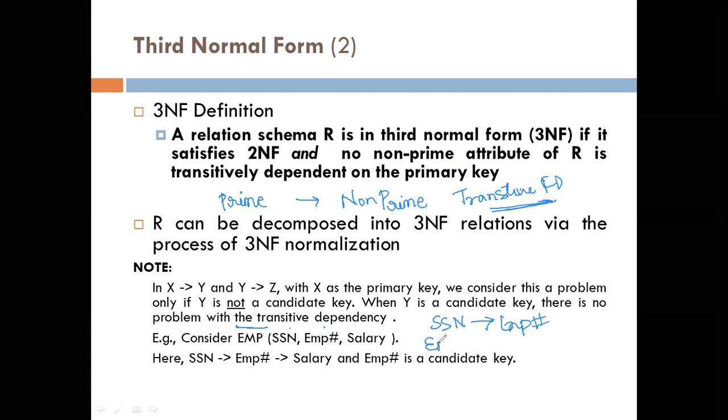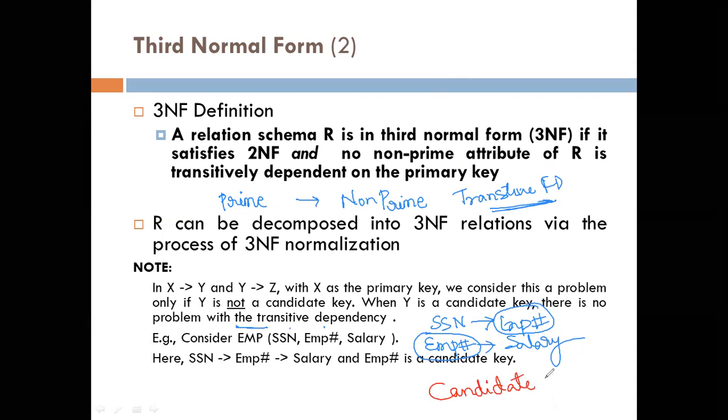And employee number may determine the salary, right? So in this case also there is a transitive dependency because SSN is determining the employee number and employee number is determining the salary. But in this scenario, the employee number that is acting as an intermediate attribute, it is also a candidate key.